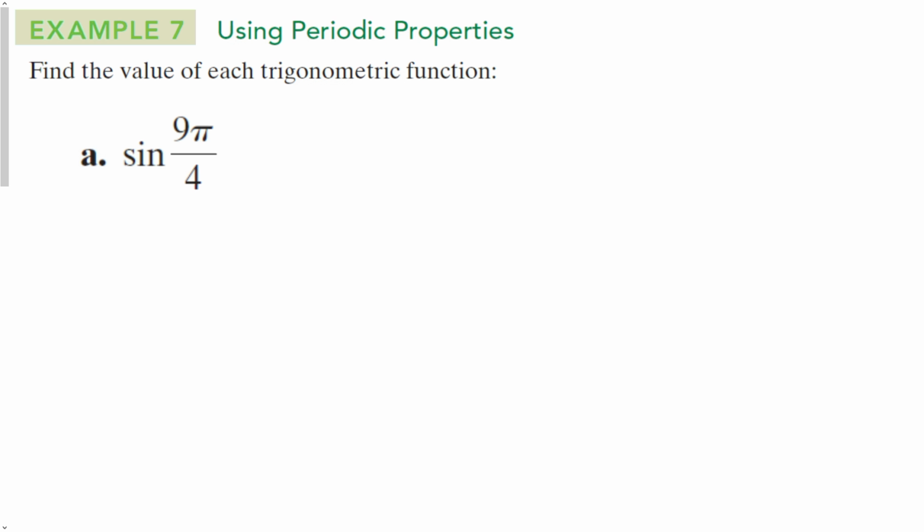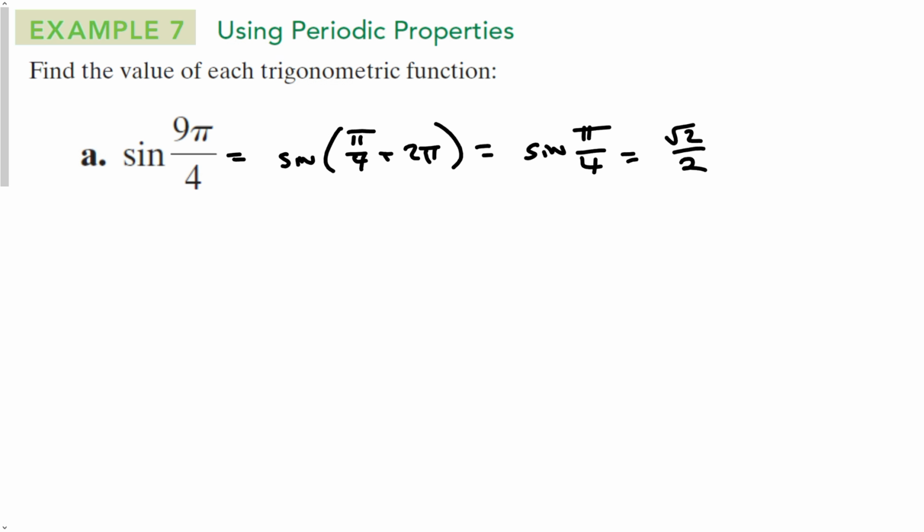So the sine of 9 pi over 4 is the same thing as the sine of pi over 4 plus 2 pi, which means that the sine of 9 pi over 4 is the same as the sine of pi over 4. And luckily, I know what that is. It's the square root of 2 over 2, a positive square root of 2 over 2, because it's in the first quadrant.